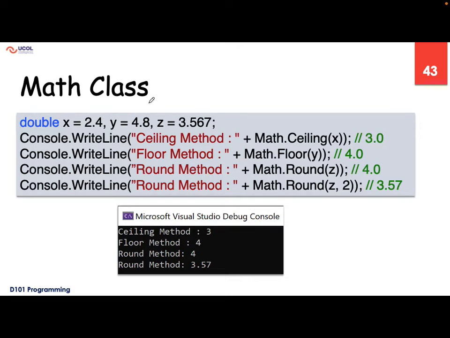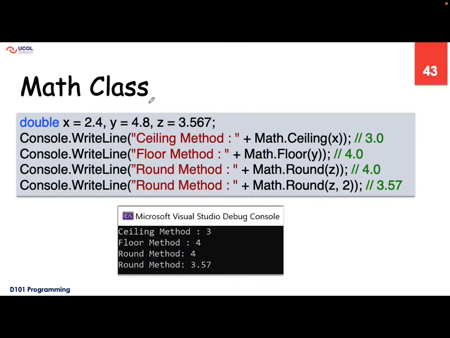Ceiling means it will go up: 2.1 goes up to 3, 2.00001 goes up to 3 because it is more than 2, and 2.0000000000001 is still more than 2, so it will go up. It gives the nearest complete number which is greater than that.